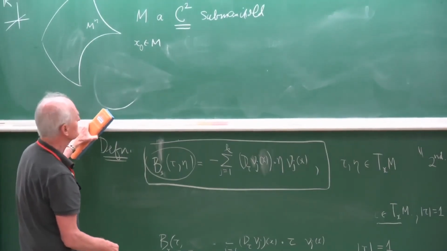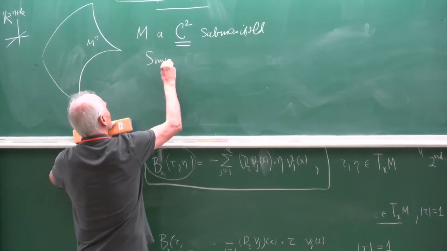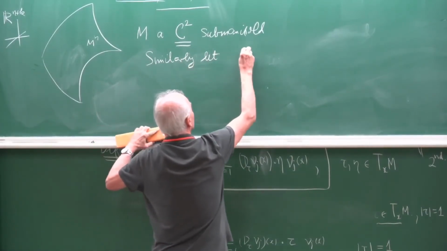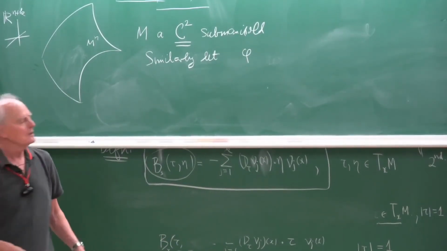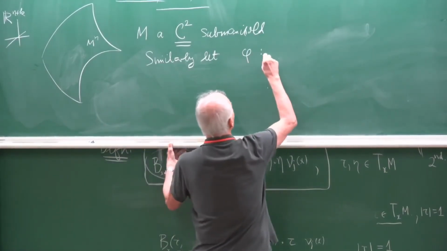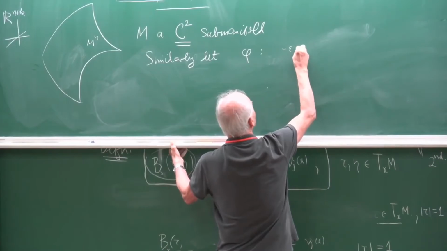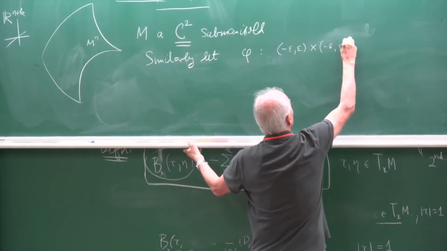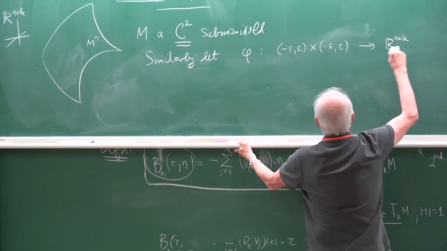Well, you can do a similar thing. Similarly, instead of taking a curve, you take a mapping from R2. So let phi be a mapping from minus epsilon to epsilon cross minus epsilon to epsilon into R^(n+k).